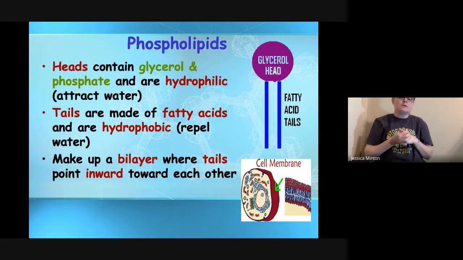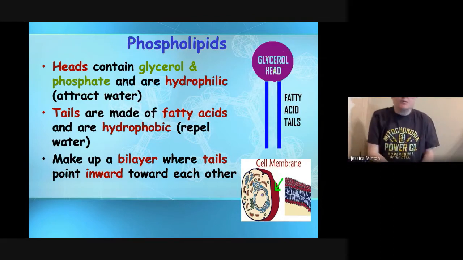So if I put all of these hydrophilic heads with hydrophobic ends all together and I drop them in the water, what's going to go on? What we end up doing, and you end up seeing in the cell membrane, is a bilayer.